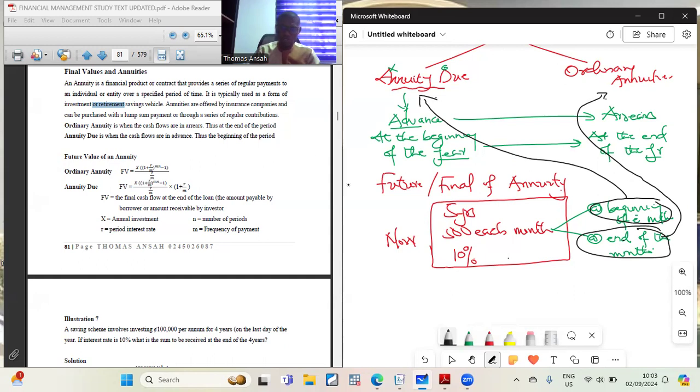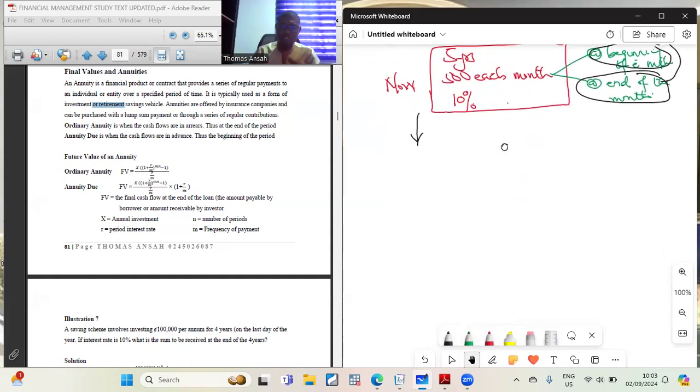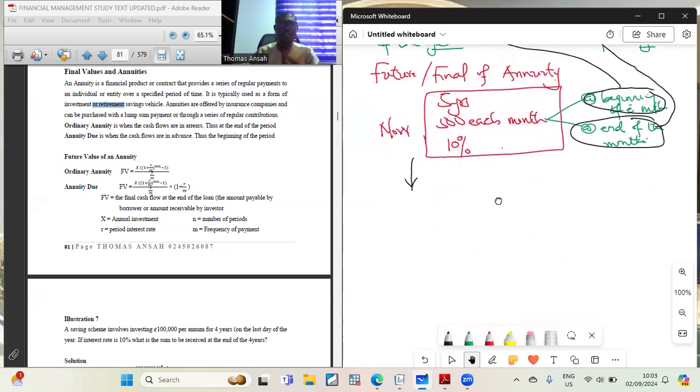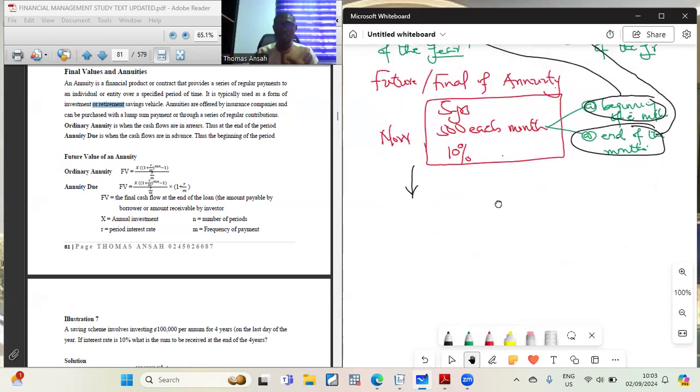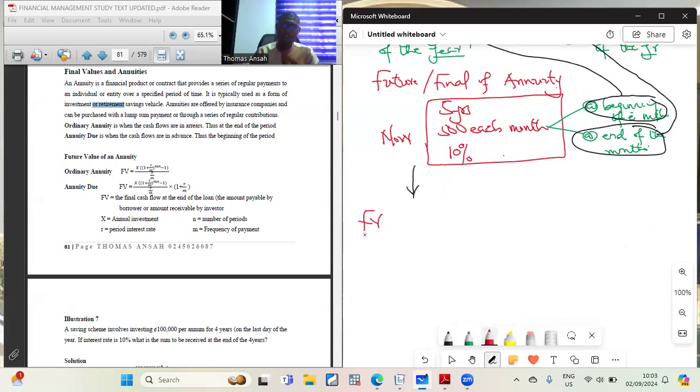And so in the annuity due, if the payment is at the beginning of every month, then remember the formula we did in the first video? We are going to find the future value. And the future value we are going to find will be given by X, you remember? Then we did another bracket, right?